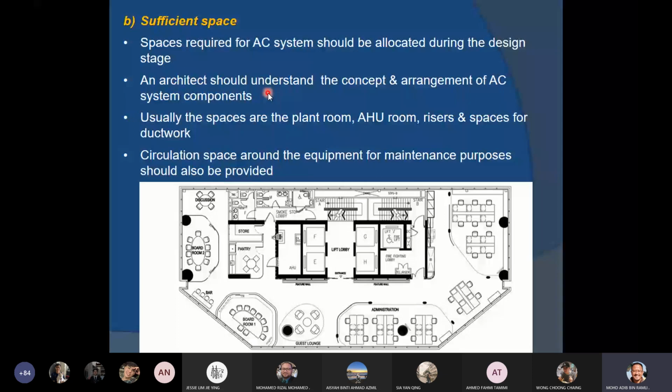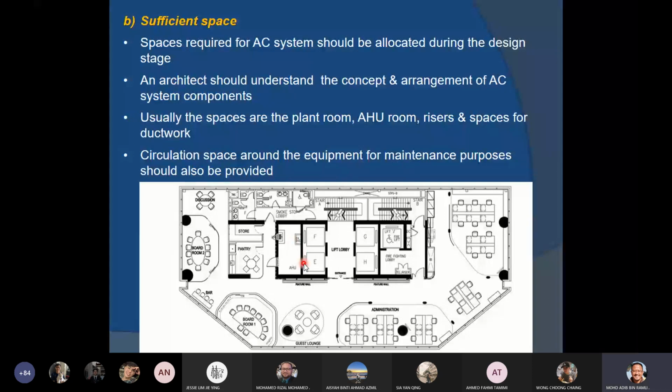And then the floor-to-floor height, is it sufficient? If you have ductwork, is it going to be too low for people? That kind of thing needs to be considered as an architect. Circulation space around the equipment for maintenance purposes should also be provided.